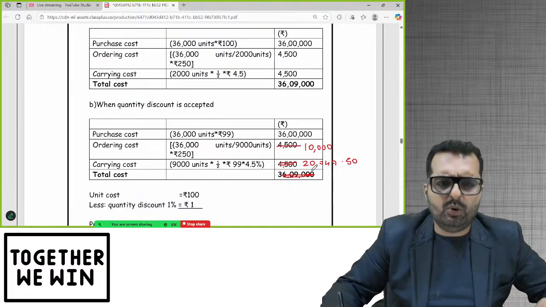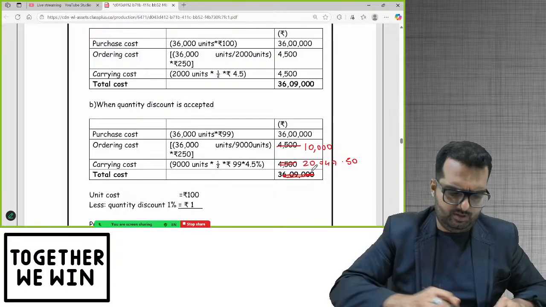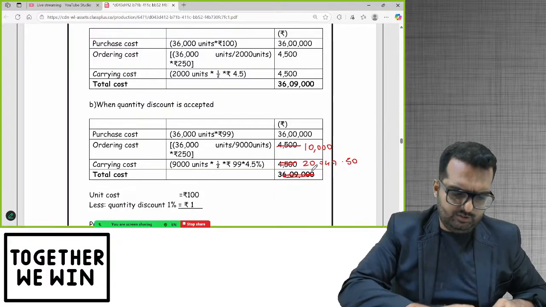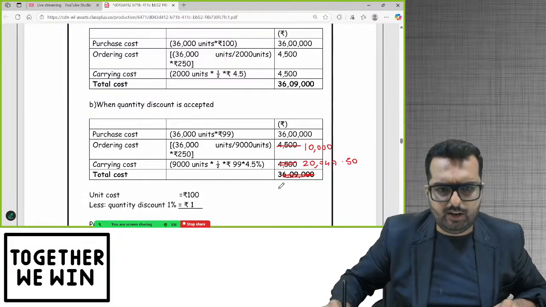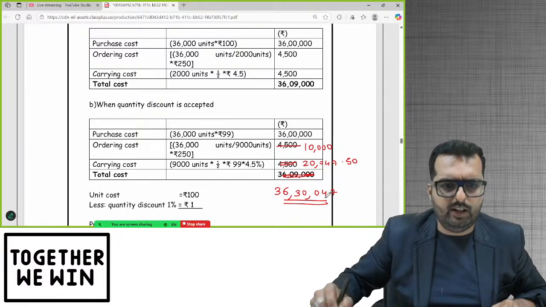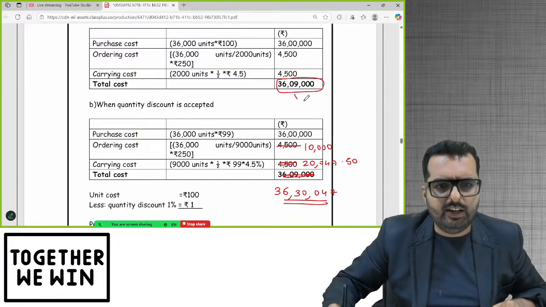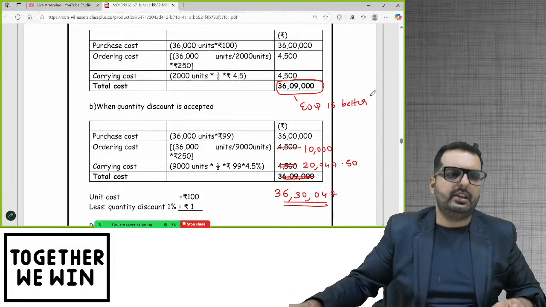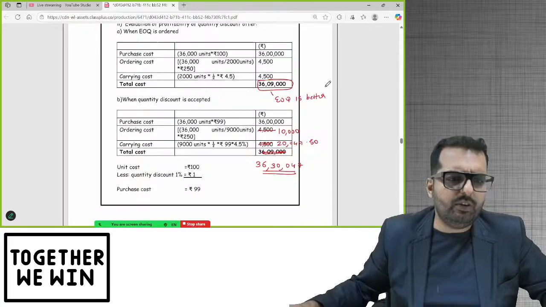Okay, so once you do this, what will be the answer that you will get over here? 36 lakhs plus 10,000 plus 20,047.5. It will be 36 lakh 30,047. So which is still better, friends? Even then, EOQ is better. Can you write down this and finish it off? We are done with this question.